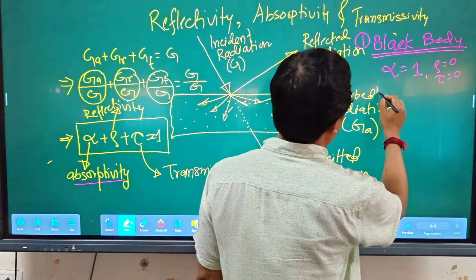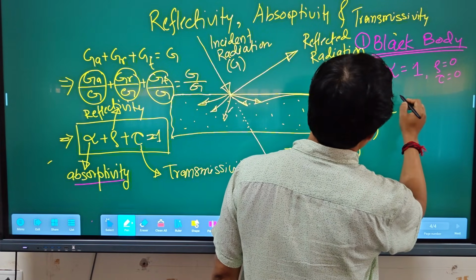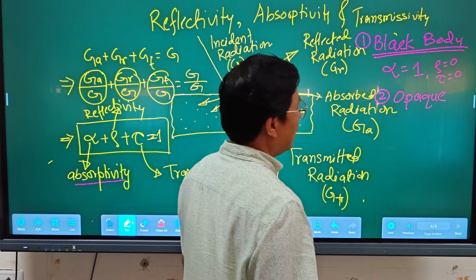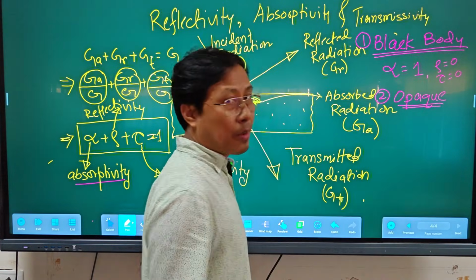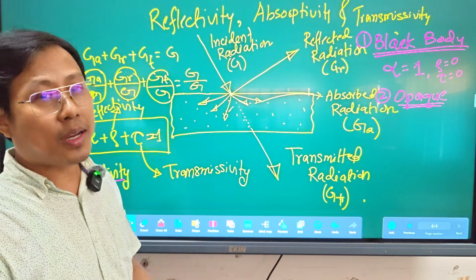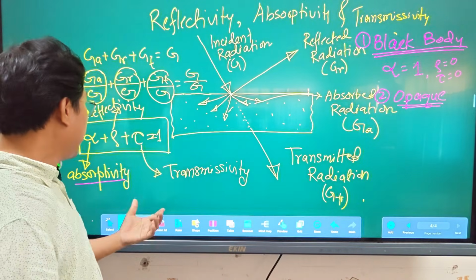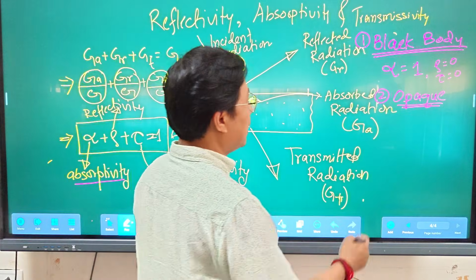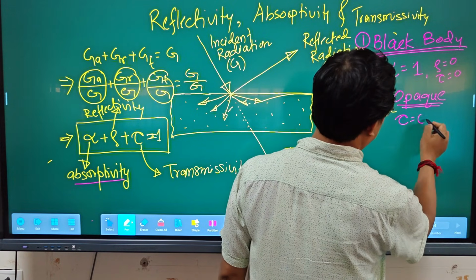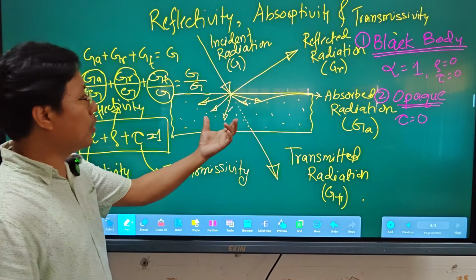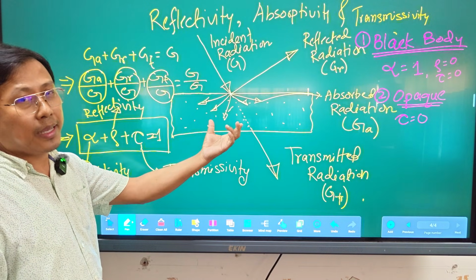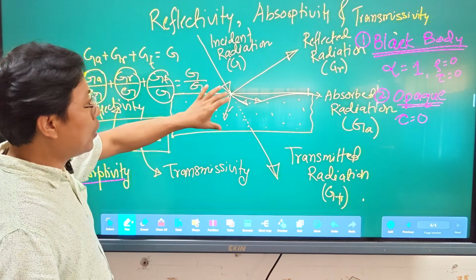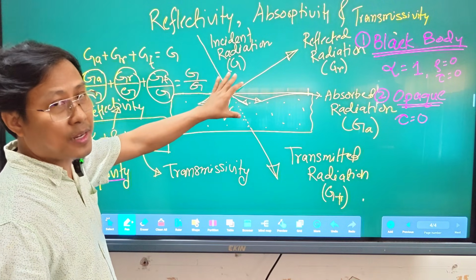The second body we have is the opaque body. A body is called opaque when there is no transmissivity, that is, when transmissivity is 0. If the body is opaque, it will not transmit any part of the incident radiation.